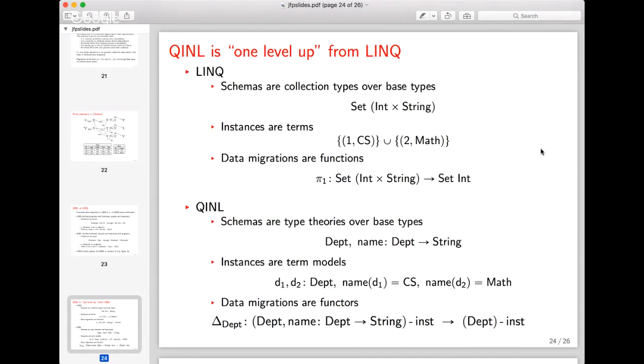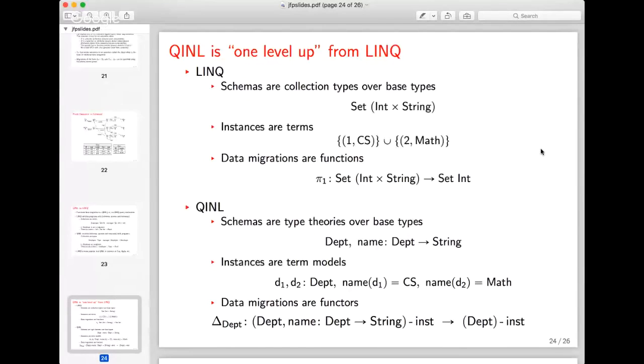So in Kinnel, it's one level up in the sense that a schema is no longer a type, but it's an entire type theory. So we add a sort called department, and then we add a function symbol called name that takes department to strings. And then an instance is no longer just a term of a particular type, but it's a term model of an entire type theory. So for example, in this term model, we have terms D1 and D2.